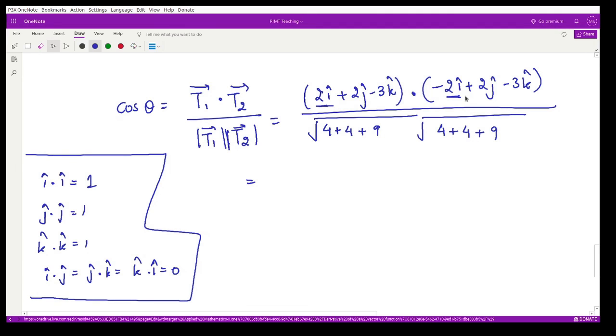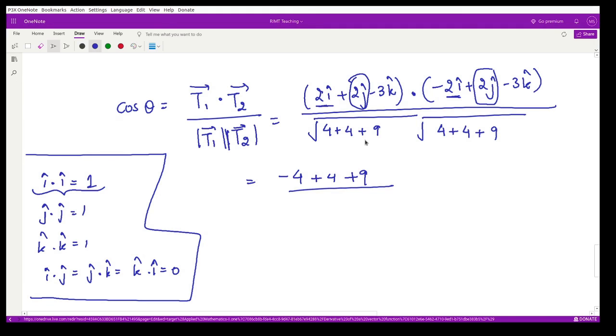So when you do this, you are going to multiply only the i term with the i term. That means 2 into minus 2, that is minus 4, and then 2 into 2, that is plus 4, and then minus 3 into minus 3, that is plus 9.